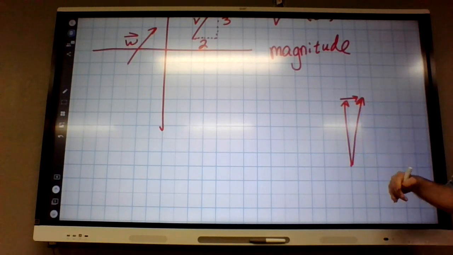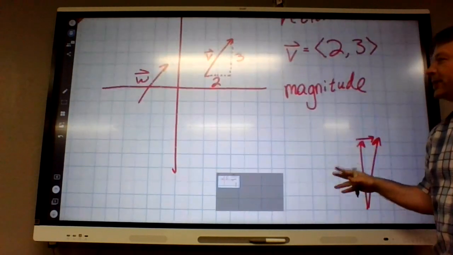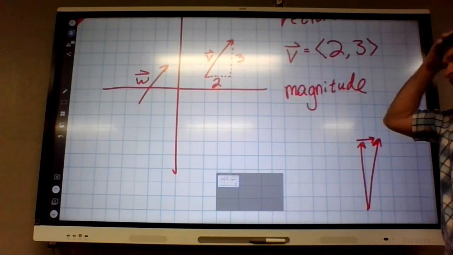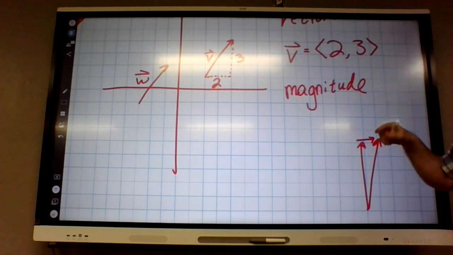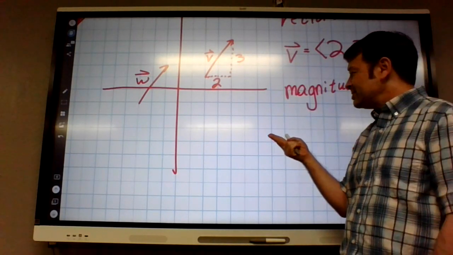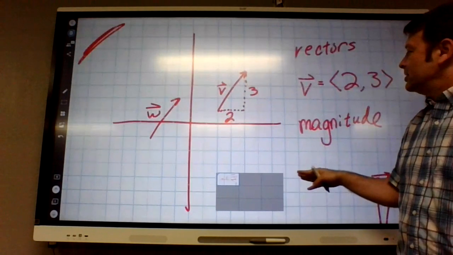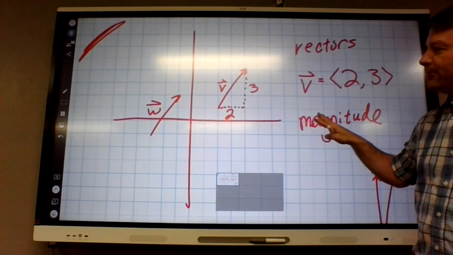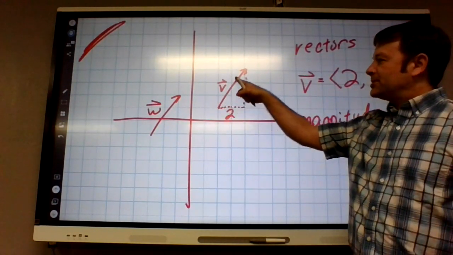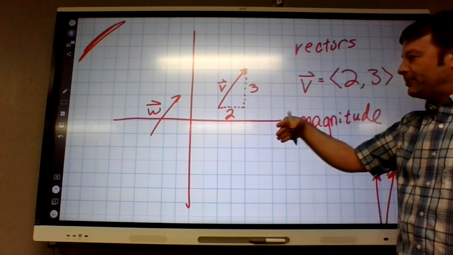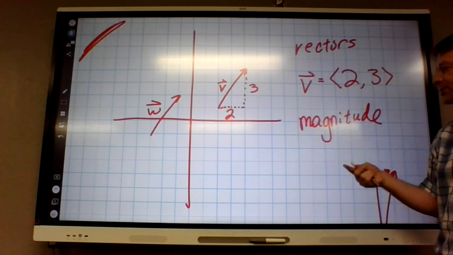Your golf ball goes off to the side. So they can represent lots of stuff. I think in this lesson they'll do one of each: distance, speed, force. But all magnitude means is how long this vector is. The vector's length can represent how strong the force is or whatever.